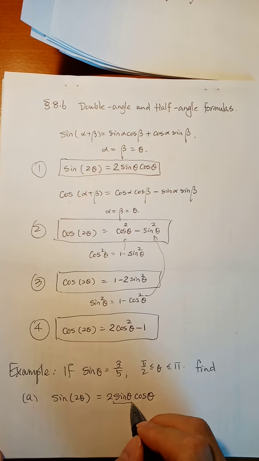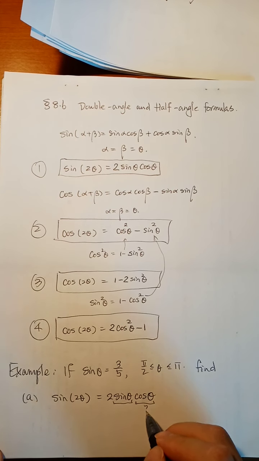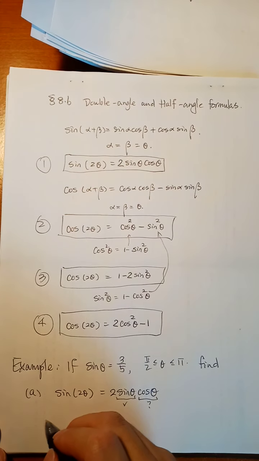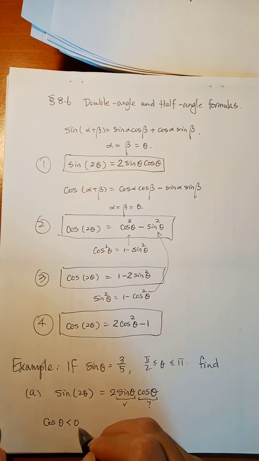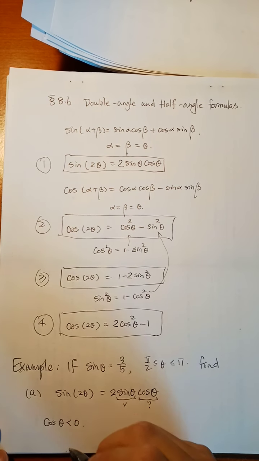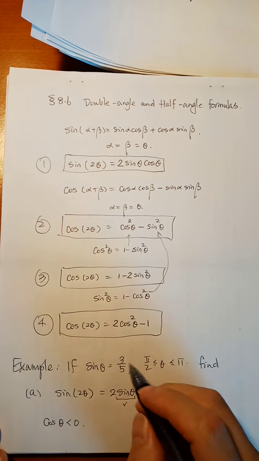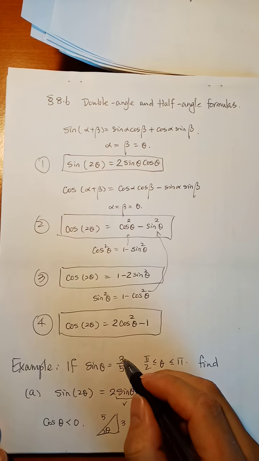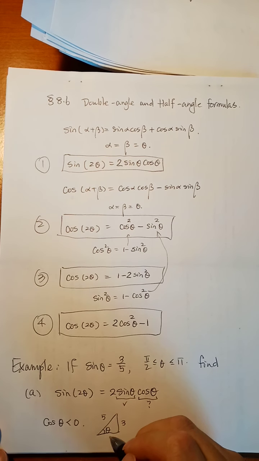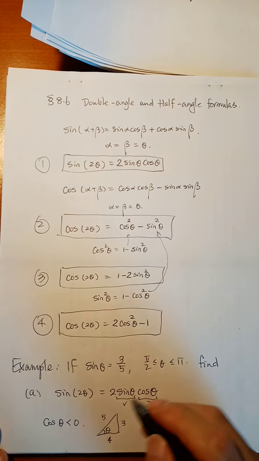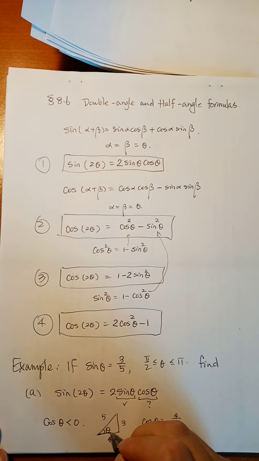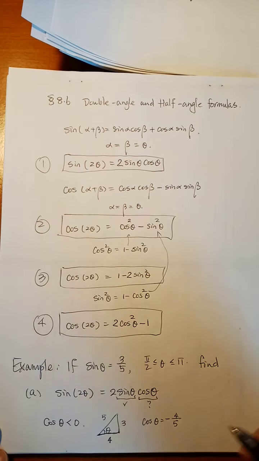So we already know sine, we have to find cosine. In the second quadrant, cosine theta is negative. That's the first thing. You should know it's negative. And second, opposite is 3, hypotenuse is 5. The Pythagorean theorem tells us the other side is 4. 3, 4, 5 is always a right triangle. So cosine theta is 4 over 5, adjacent over hypotenuse, but with a negative sign.